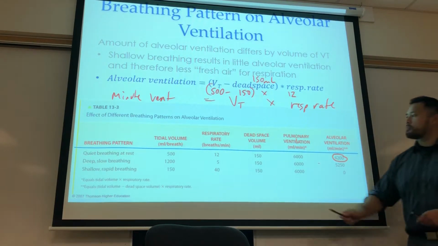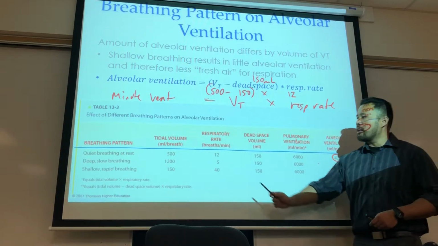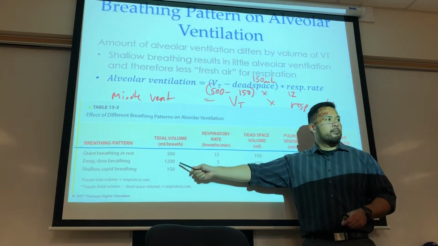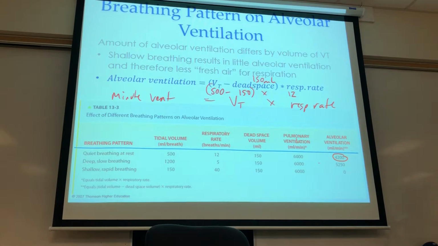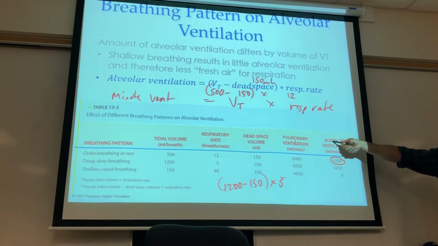So we're going to adjust their respiratory rate to 5 breaths per minute and their tidal volume to 1,200. So now I'm going to do 1,200 minus 150, which is 1,050, times 5. That comes out to 5,250 mils of air per minute making its way to the alveoli.